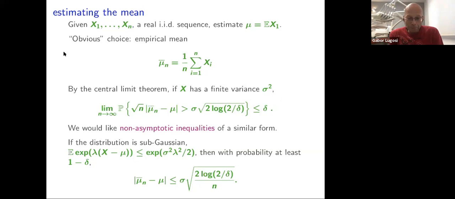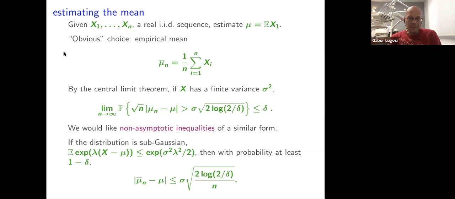Somehow the problem becomes much richer if what we are interested in is not expected mean squared error, but rather bounds that hold with high probability. Then the problem becomes much more interesting. When I started working on this, it was really surprising to me how many things are still open and how many things one can say about this.